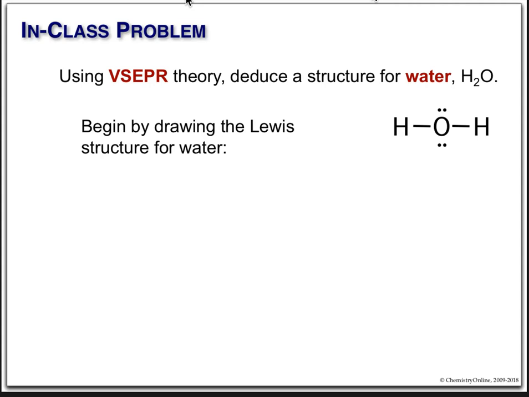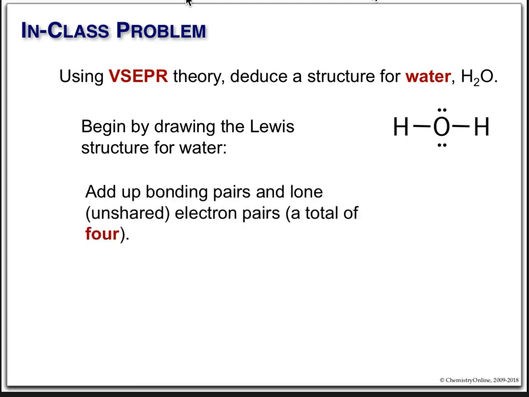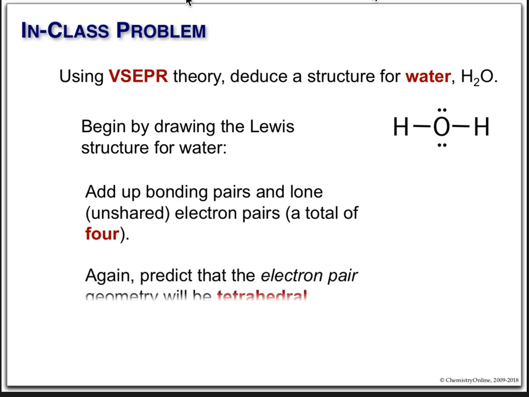Once again, our next step is to count, right? How many electron pairs around the oxygen? 8 electrons, 4 pairs. What's our electron pair geometry then? Tetrahedral. So what does water look like? This.